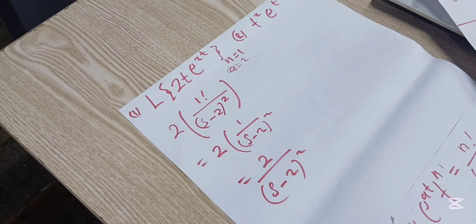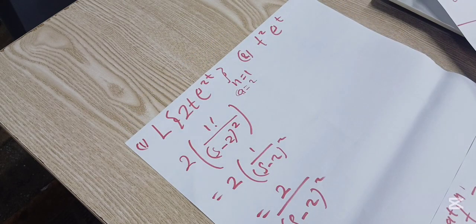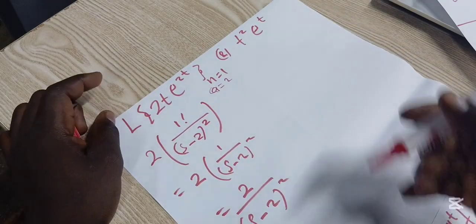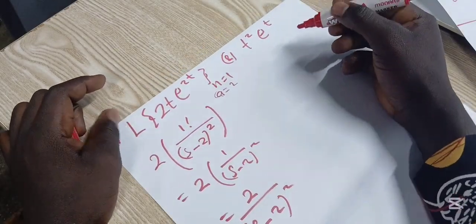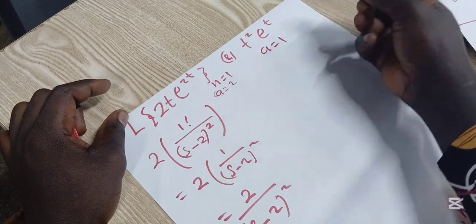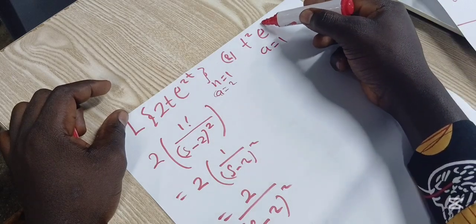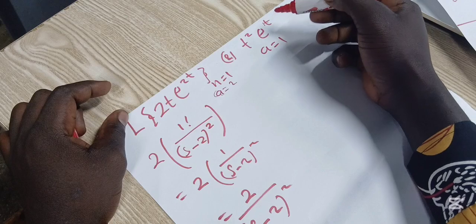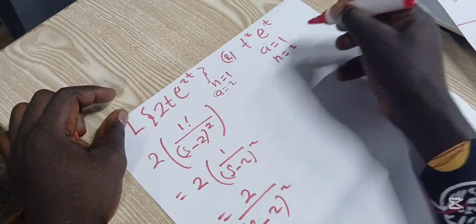So let's work on more problems. So let's solve the second one, which is t squared e to the power t. So in this case, our a equal 1. Our a equal to the coefficient of t here, which is positive 1, and our n equal 2.